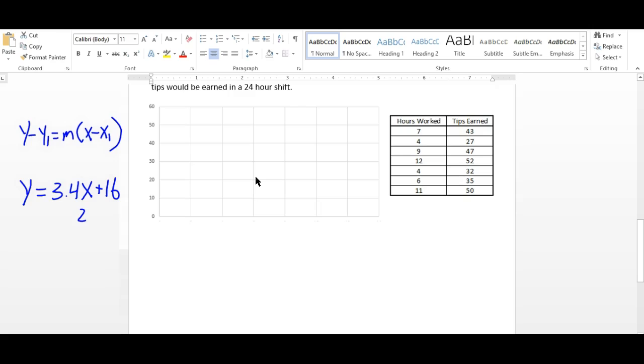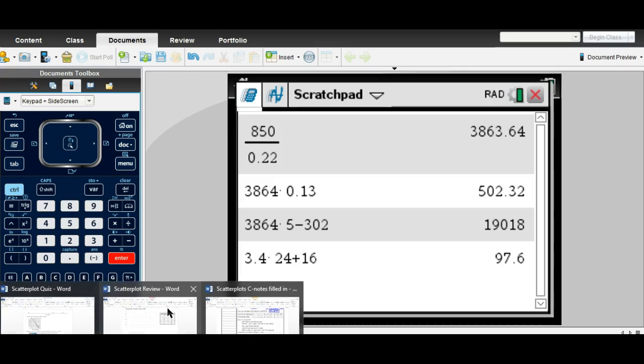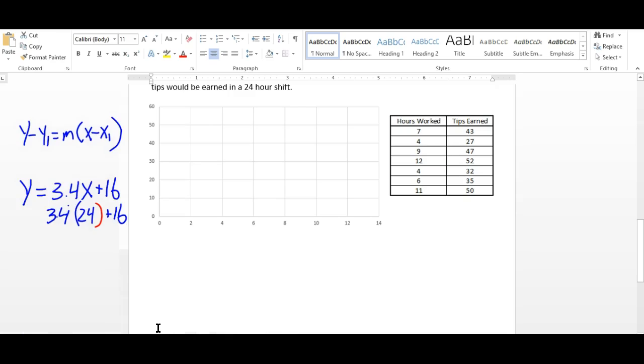We'll just plug in 24 for the x. 3.4 times 24 plus 16 is $97.60. Again, you will probably not have that exact same answer. That's fine. $97.60.